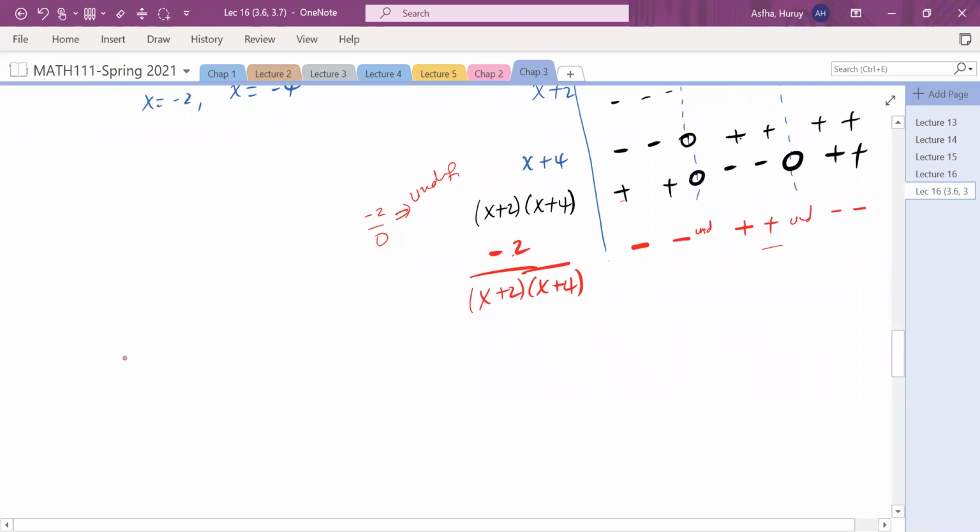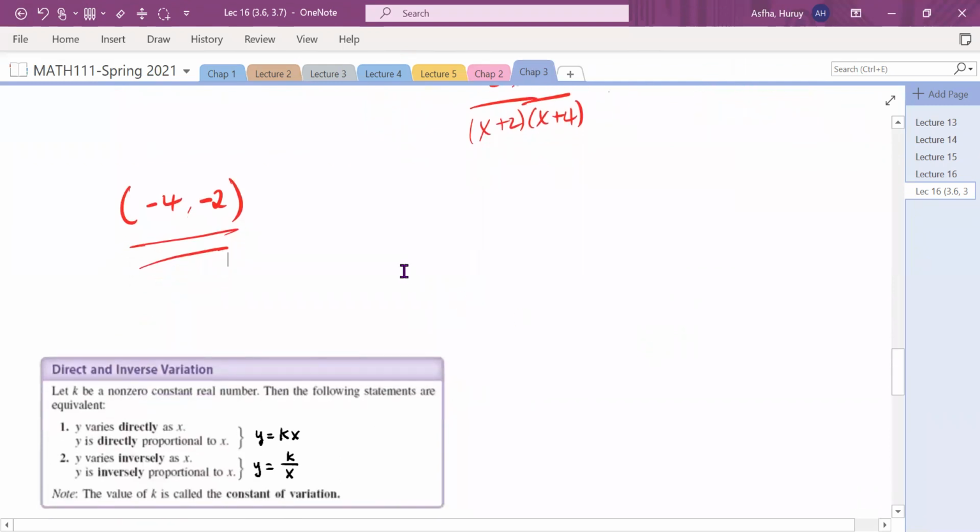Therefore, the solution is negative 4, comma, negative 2, and that's the only solution, okay? Because outside this interval, this rational expression is always negative, to the left of negative 4 and to the right of negative 2.